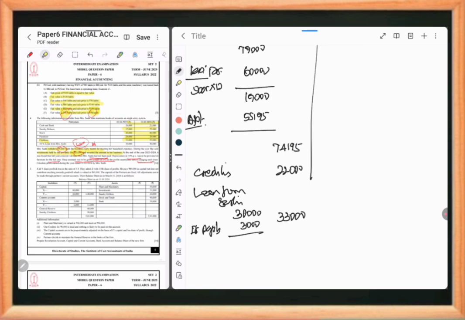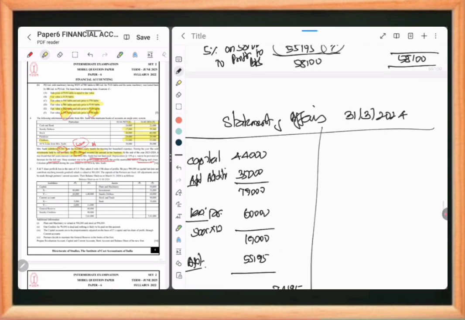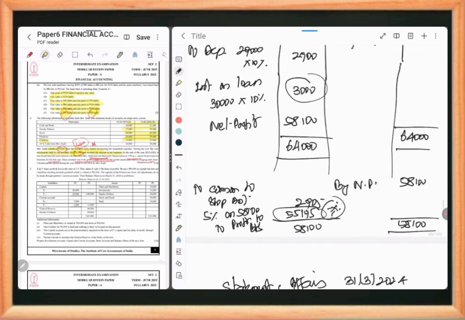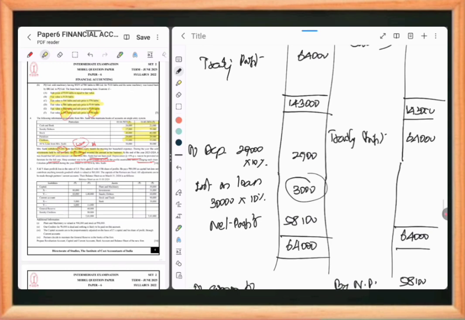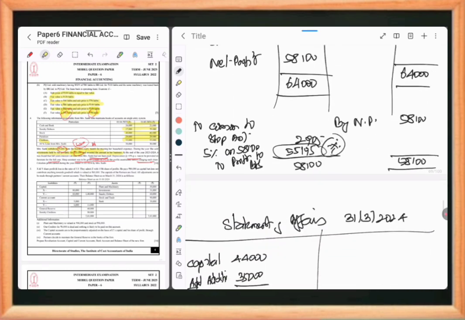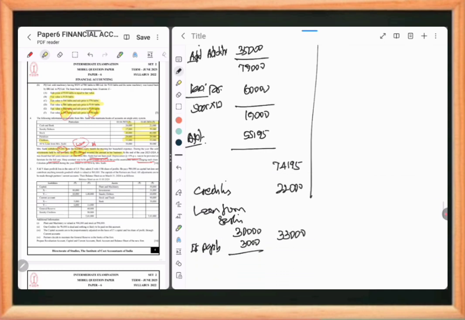And then commission also we didn't pay. How much commission? 2,905. It is also not yet paid. So outstanding commission to assistant, 2,905.